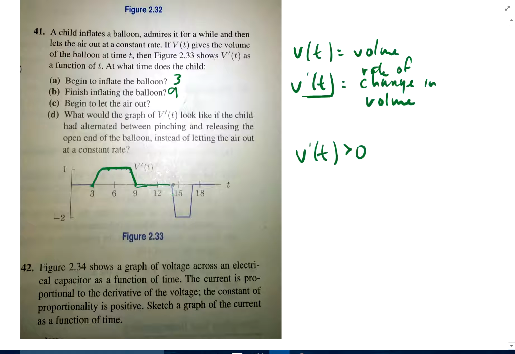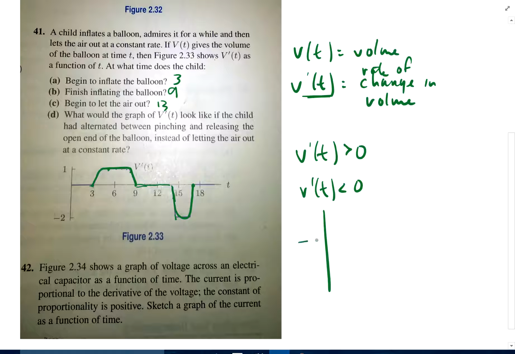He begins to let air out at, looks like 13, because now V prime of t is negative, so the volume's going down, down, down, and then what happens right here? The change of the volume is 0, so the volume isn't changing, so there's no more air in the balloon. What would it look like if the child had alternated between pinching and releasing the open end of the balloon instead of letting air out at a constant rate?